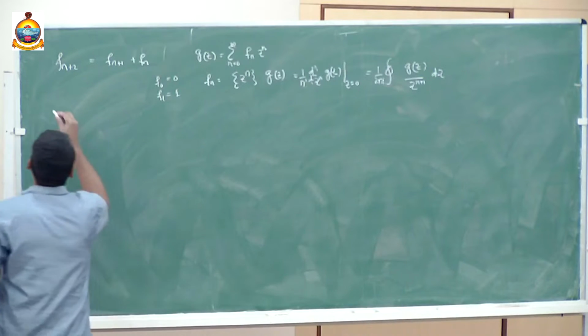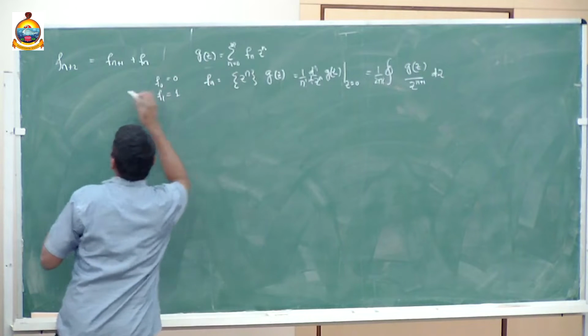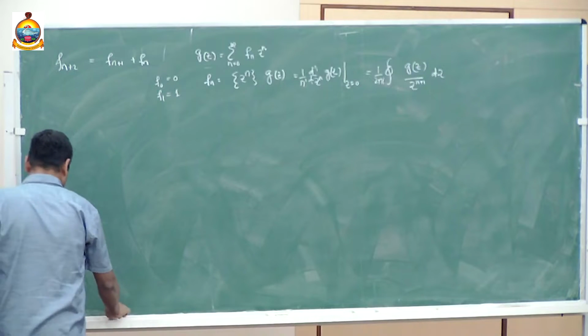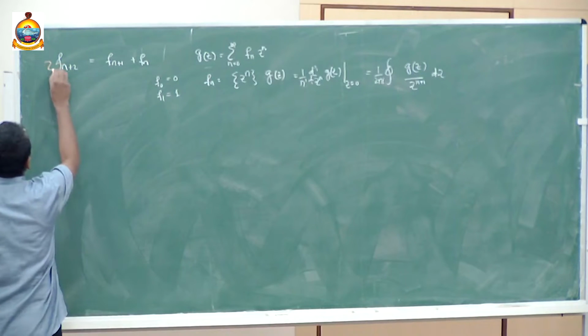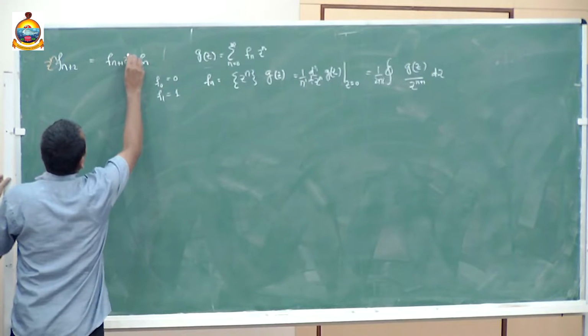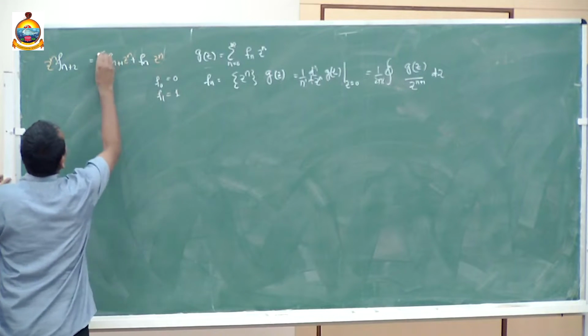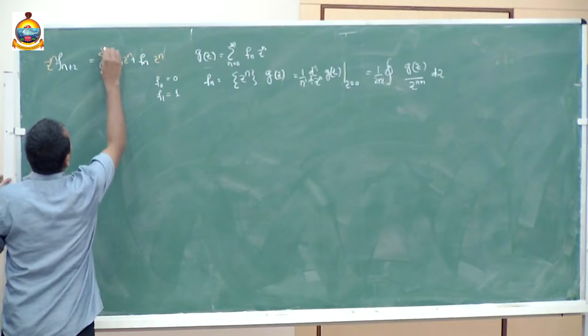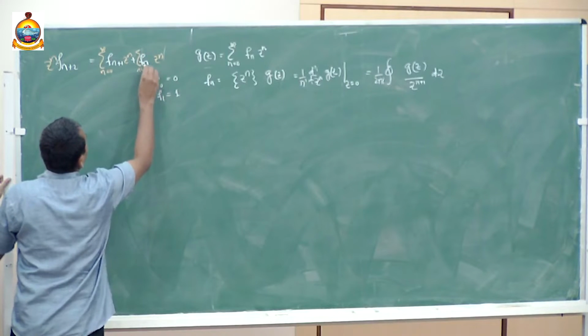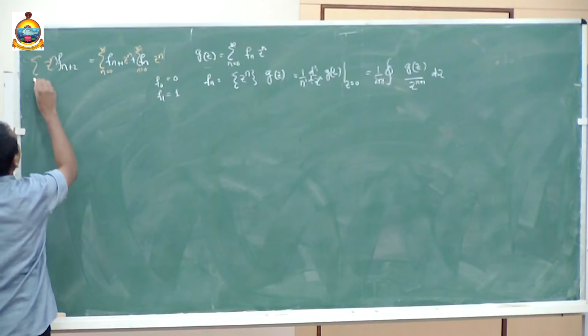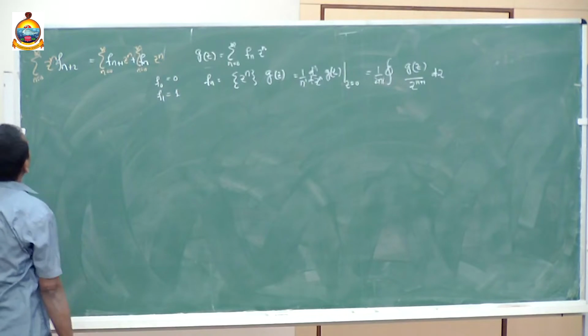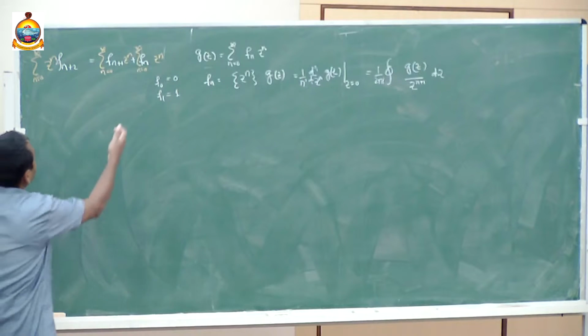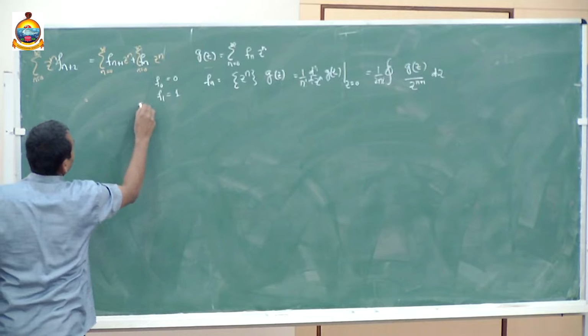Okay, anyway, let me just do that. My definition is just this. You multiply z to the power n here, here, and here, and make a sum from n equal to 0 to infinity. Now if you do that, the last term becomes g(z).